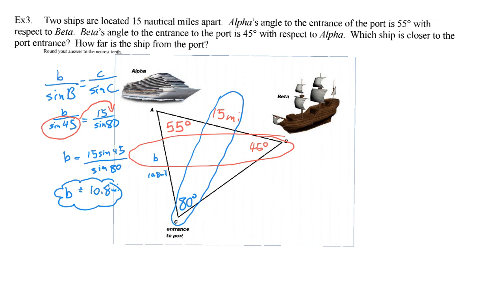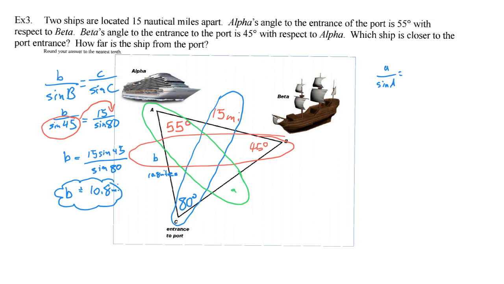All right, so now that we have our 10.8 miles calculated, we still have to find out what this side is, okay? In order to find that side, we're going to match it with this angle, and we're going to call this side A. So let's do our calculations for side A. Now, we have A over sine of A is equal to, well, we'll use our original sine sausage, which is the 15 and the 80.